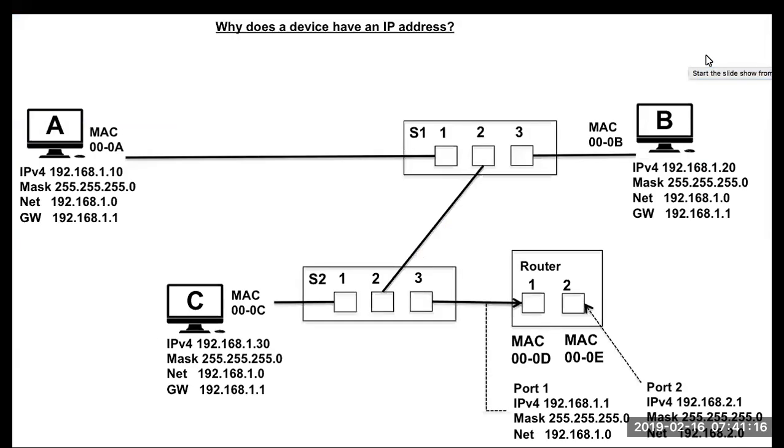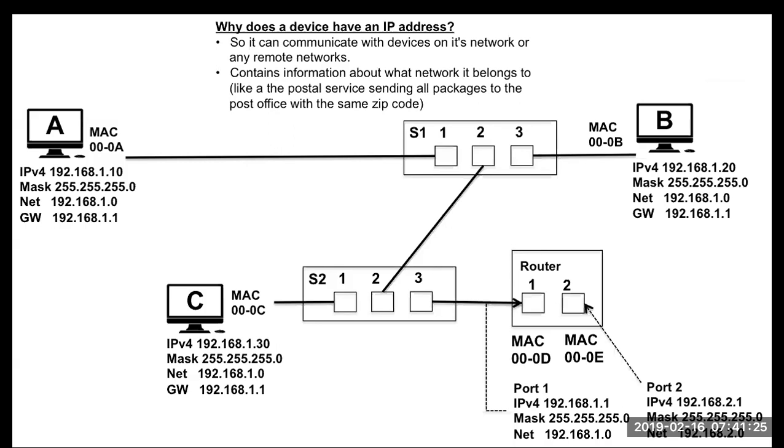So why does a device have an IP address? Well, so it can communicate not only with devices on its own network, but on other networks as well. An IPv4 and IPv6 address contains a portion of the address which describes which network the device is located on.